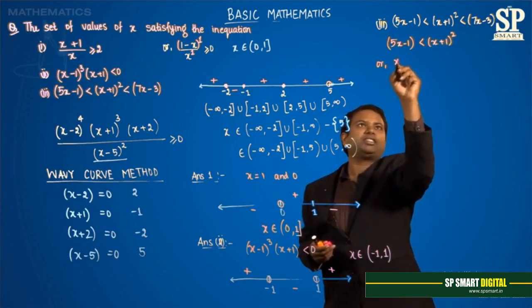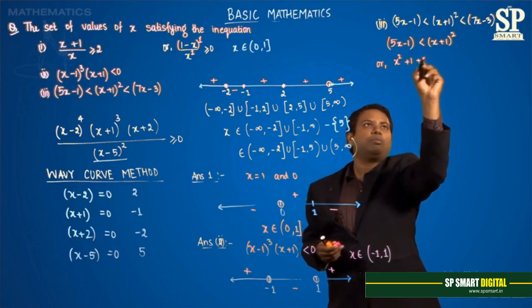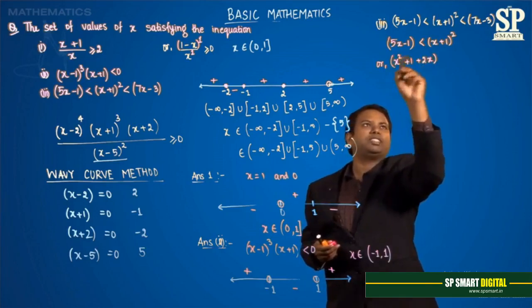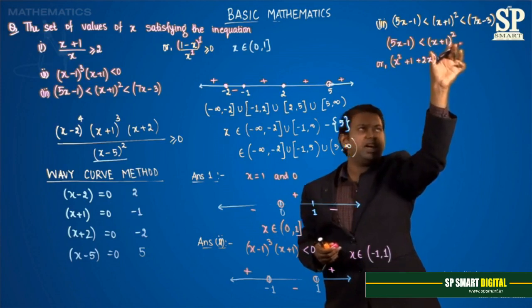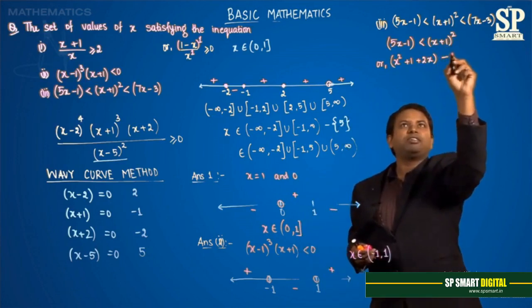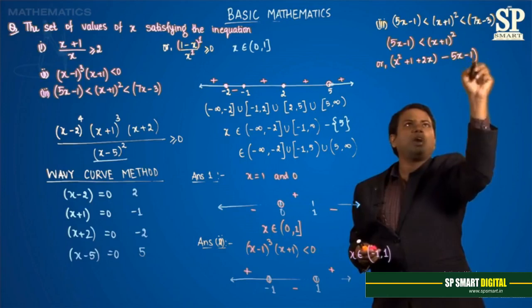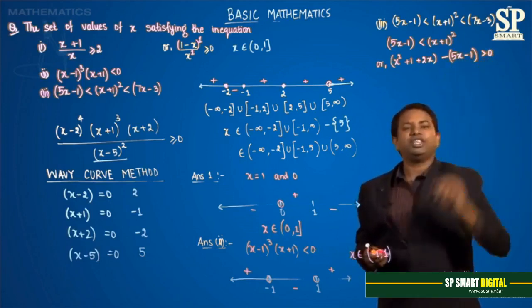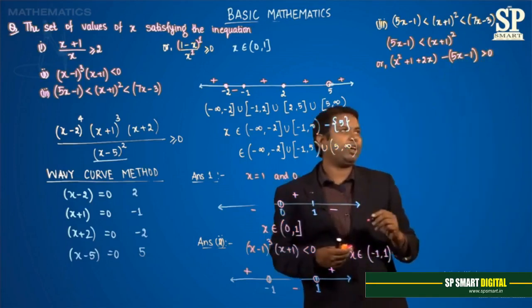So we have x square plus 1 plus 2x, which is the expanded form of the right hand side, this minus 5x minus 1 has to be greater than 0. So this is the first inequation that we have obtained.